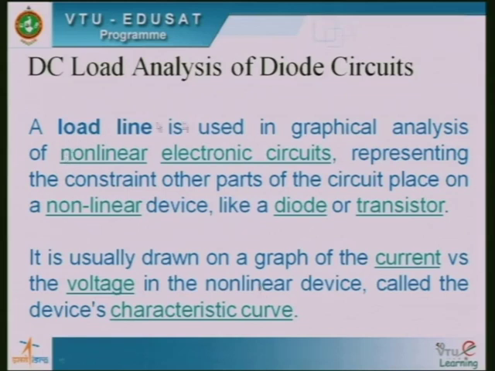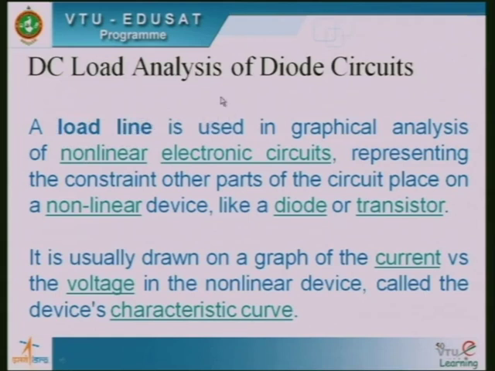A load line is used in graphical analysis of nonlinear electronic circuits, that is, circuits containing nonlinear devices. Friends, we know that the diode is a nonlinear device having nonlinear VI characteristics. Similarly, a transistor also behaves like a nonlinear device. This graphical analysis is also called DC load analysis.